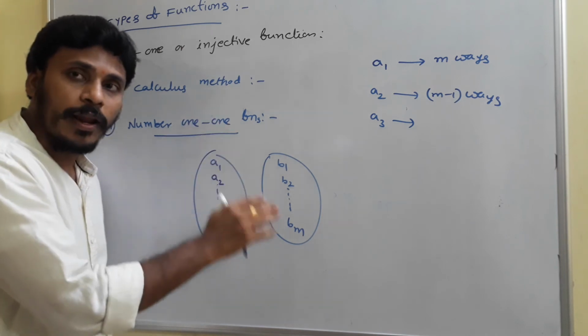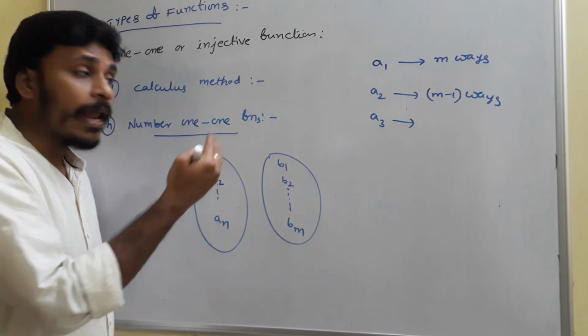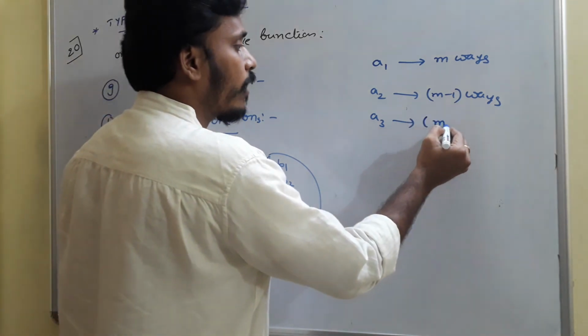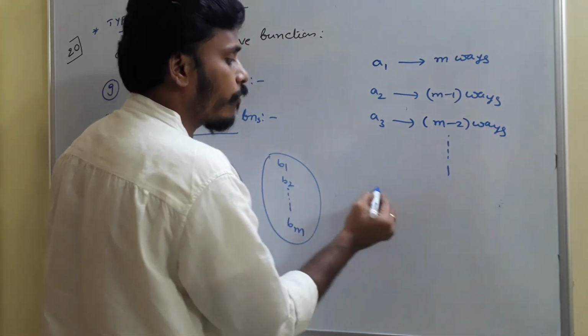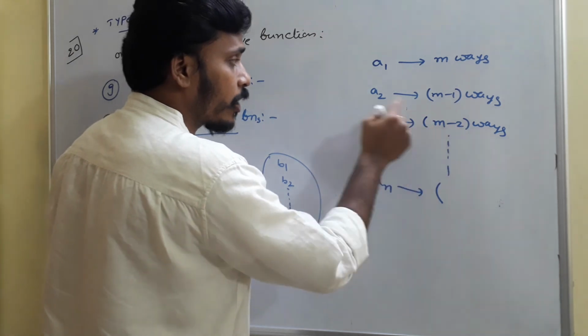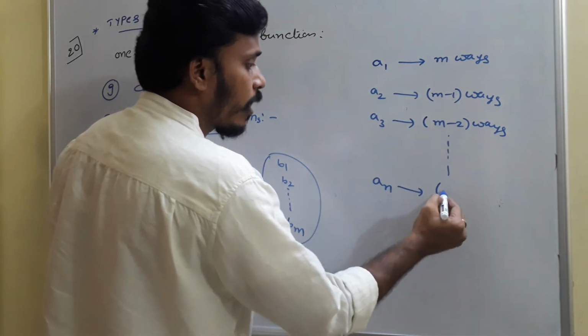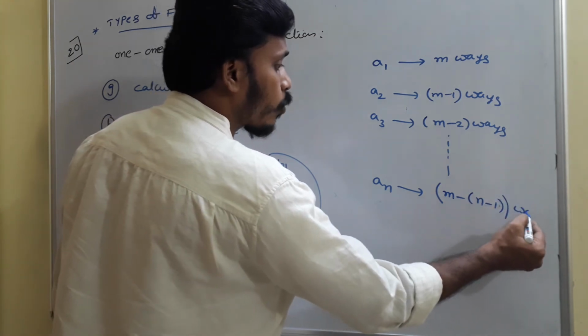The first one is connected to one element, the second one is connected to another element, and still we have m minus 2 elements. So the third element has m minus 2 ways to connect. Like this, if we continue, an has how many ways? For a3 it is m minus 2, for a2 it is m minus 1. Like that, an has m minus (n minus 1) ways.